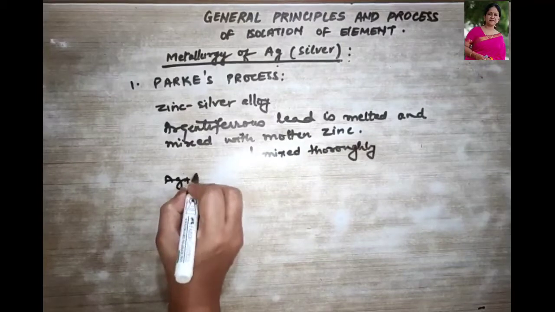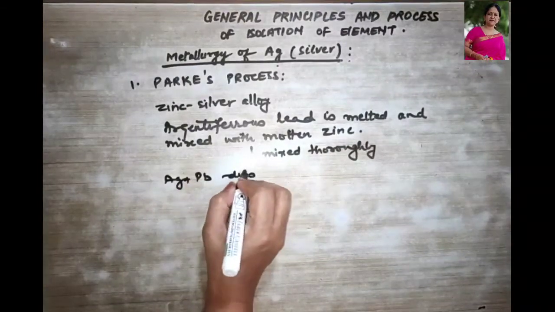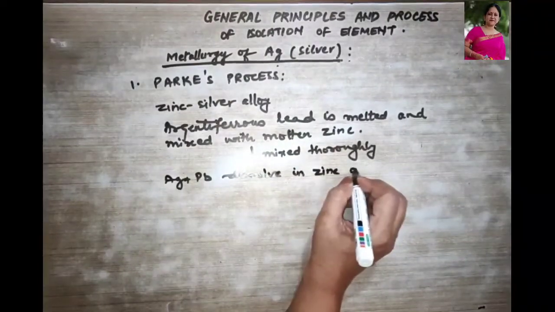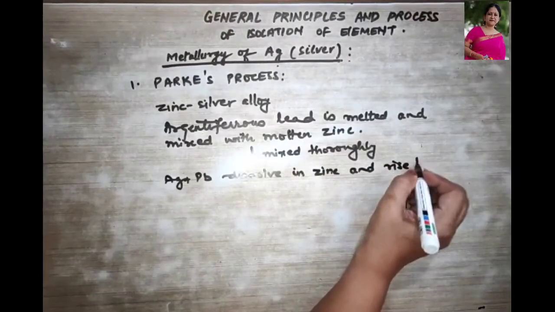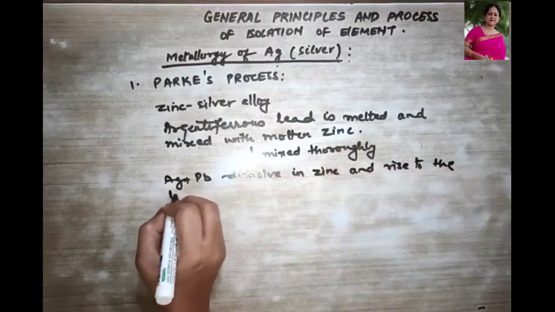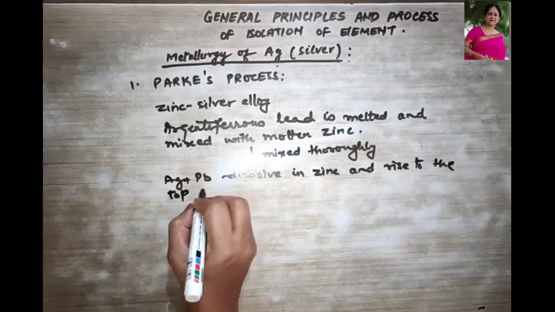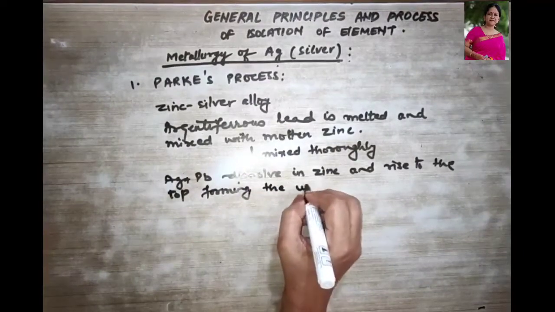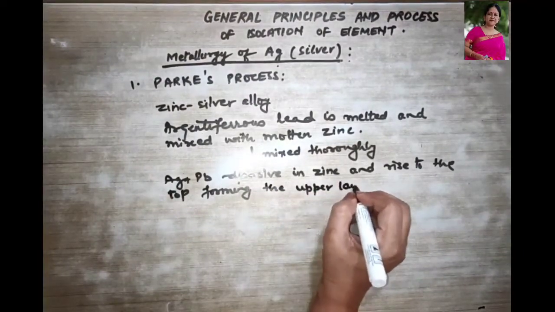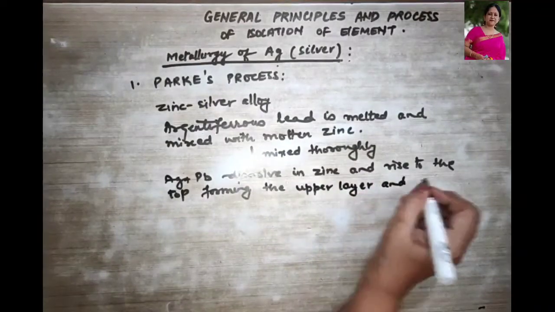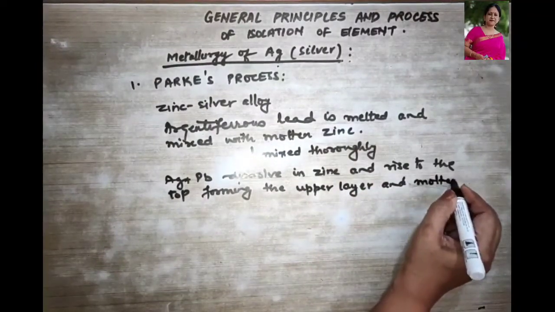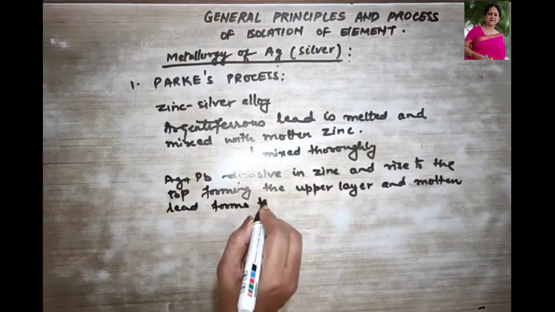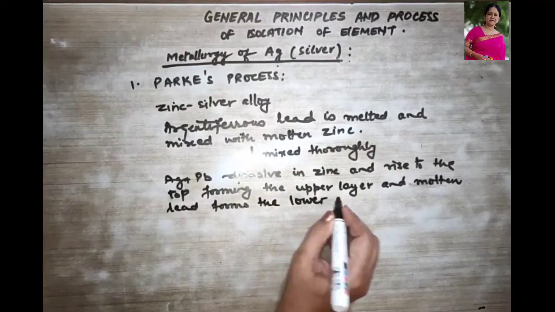Then silver and your lead, they dissolve in zinc and they rise to the top, forming the upper layer, and molten lead, it forms the lower layer.